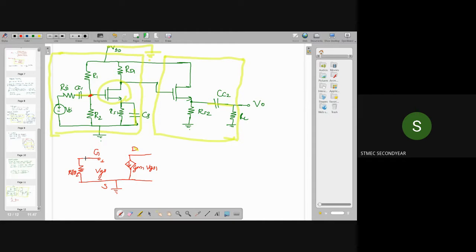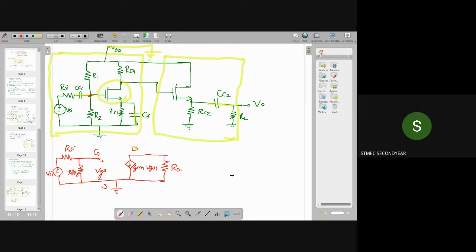Then to the gate, the capacitor is short circuited and we have to connect the signal resistance RSI, and here you will have the input signal source VSI. At the drain terminal we have a resistor RD1 between drain and ground. So this part is over, that is, the first stage is over.